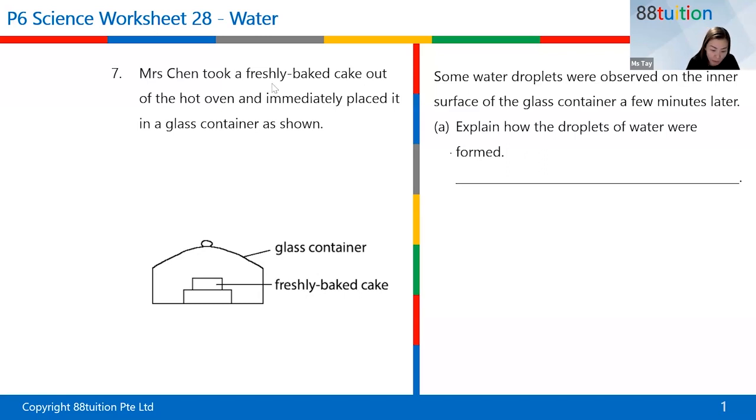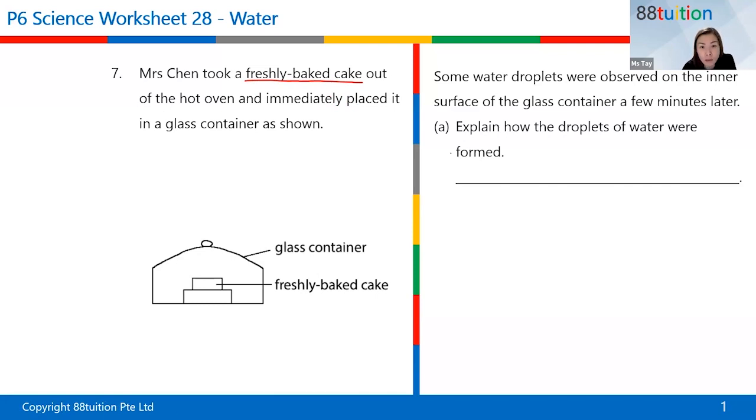So you have a freshly baked cake being taken out of the oven. You can imagine this is something very hot, isn't it? And then immediately it's placed in a glass container. What will happen? Even when we pack food, we know that this kind of thing happens, right?